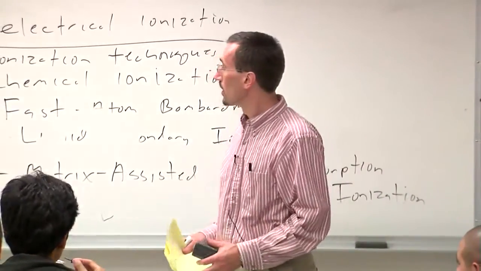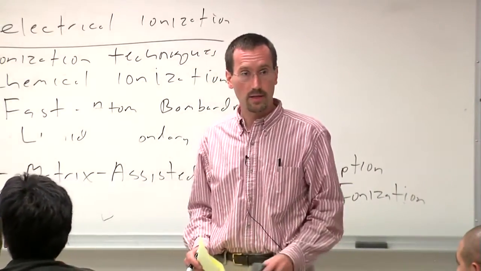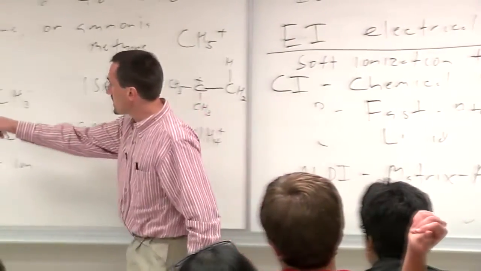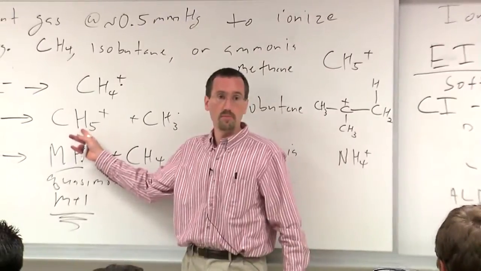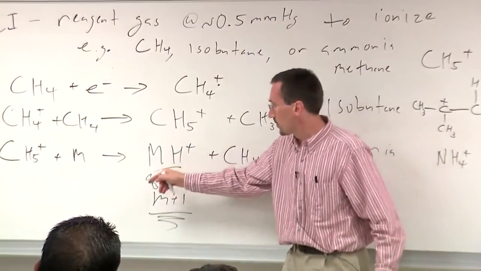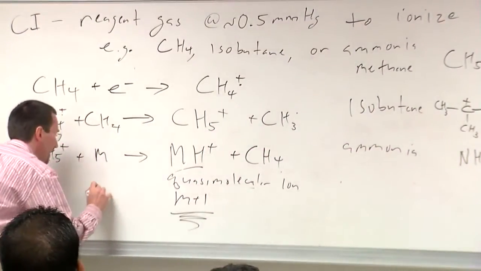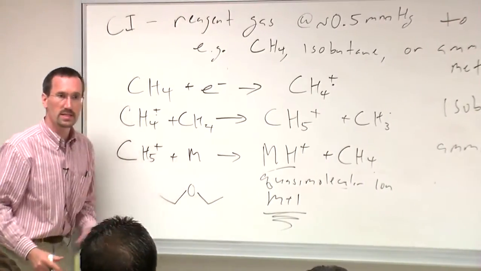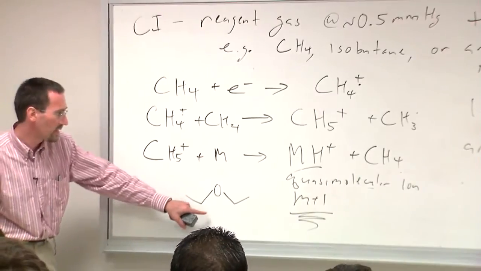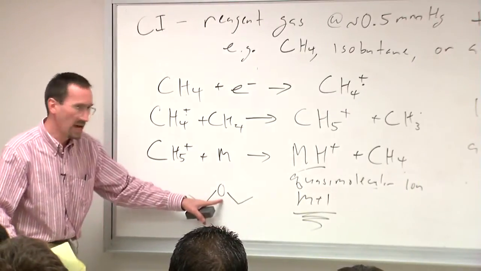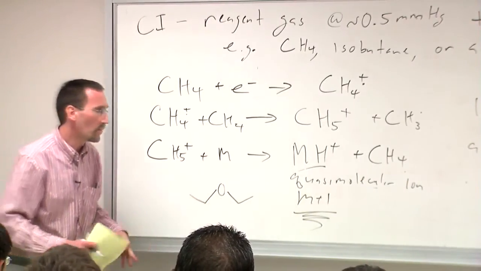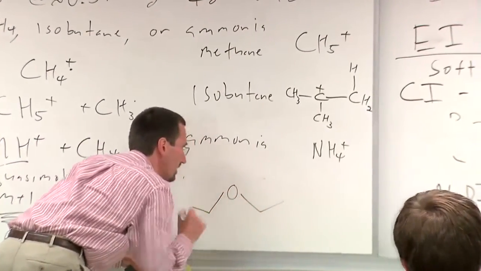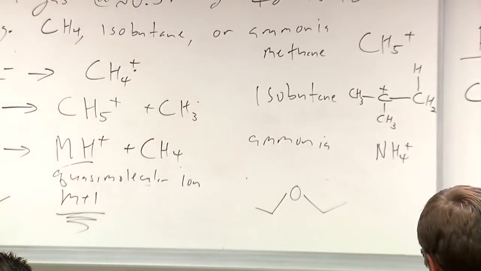So here with methane, the CH5+, that is the M+1? So you're not going to see the CH5+, but when you get your molecule, so let's say your molecule is diethyl ether. So now what you'll see is not something, diethyl ether is 29 plus 29 plus 16. What's 29 plus 16?